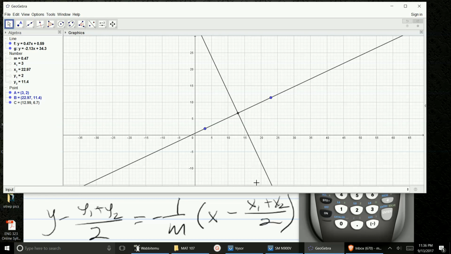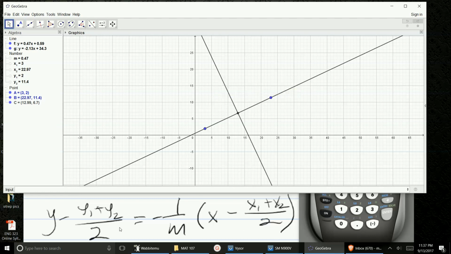All we have to really do is show that x1 plus x2 over 2 with this y-coordinate satisfies this line and this line, and then obviously it's the midpoint. It's both equidistant from A and B and lies on the line, right? So it's relatively easy to show that it lies on both lines. It obviously lies on this line.